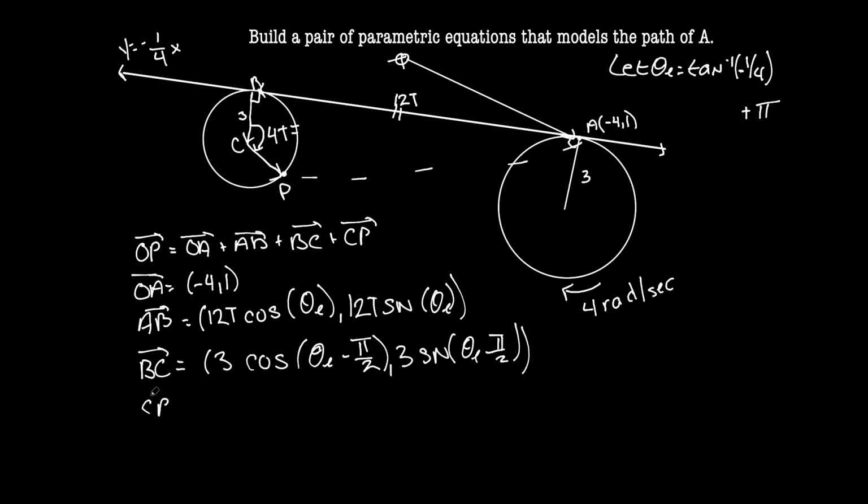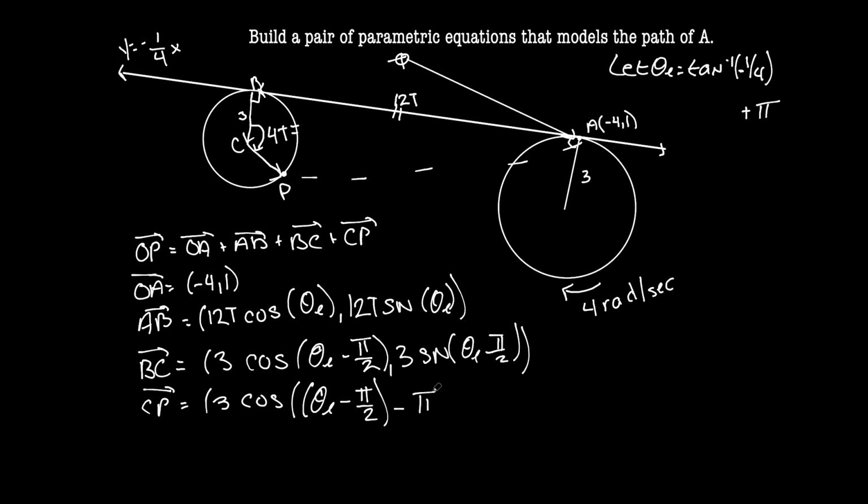And now CP. So we're going to want to take our magnitude, and we're going to have our previous angle, which will be theta L minus pi over 2. And then, since we're now looking that way, we're going to subtract pi and then subtract 4t.